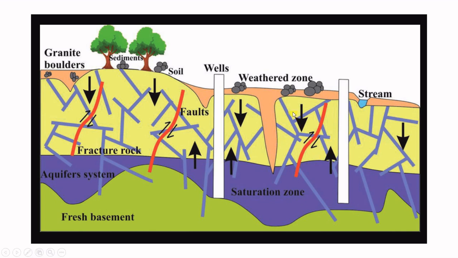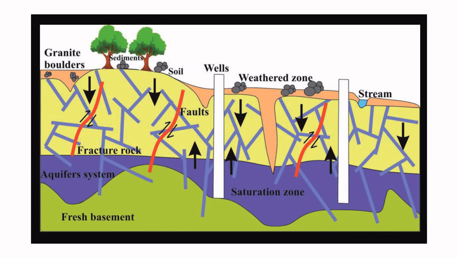Here you see the weathered zone is a little thin and here it is thick, here it is thin again. In general, in an undeveloped area, the depth of water table will vary from 0.5 meter to 6 meters. That depends on the weathered layer also.